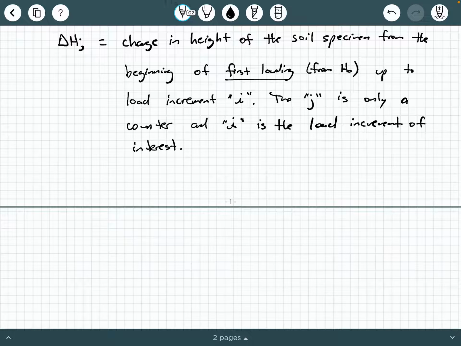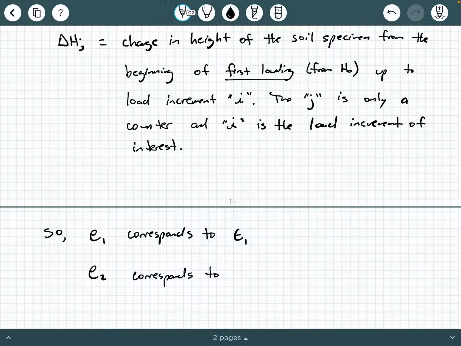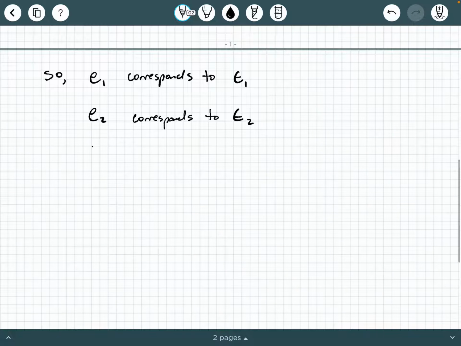So let's see how this is related to our void ratio data from the previous video. So e1, that's void ratio 1, corresponds to epsilon 1. e2 corresponds to epsilon 2, and so on.